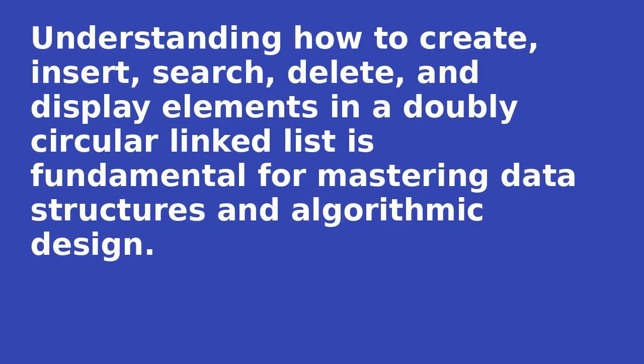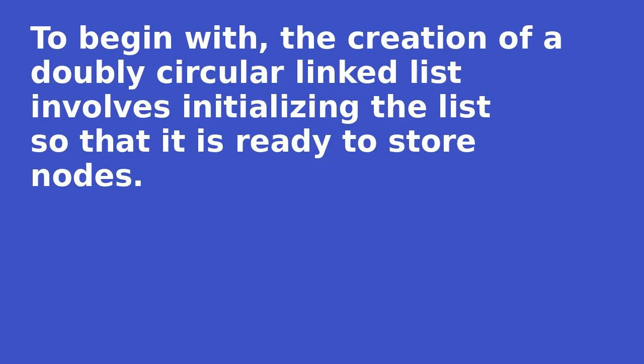Understanding how to create, insert, search, delete, and display elements in a doubly circular linked list is fundamental for mastering data structures and algorithmic design. To begin with, the creation of a doubly circular linked list involves initializing the list so that it is ready to store nodes.